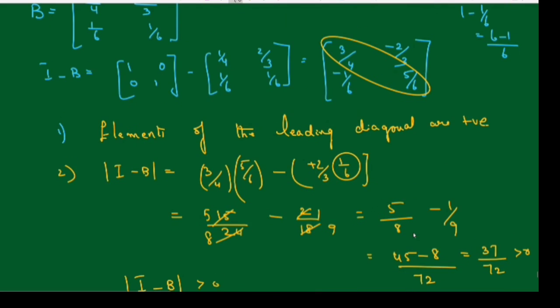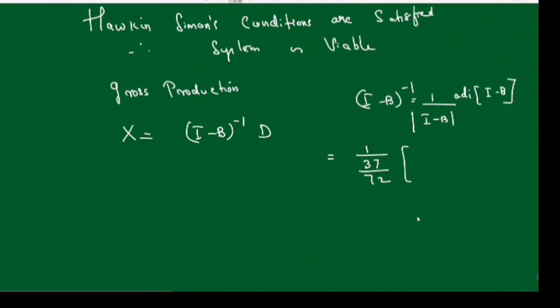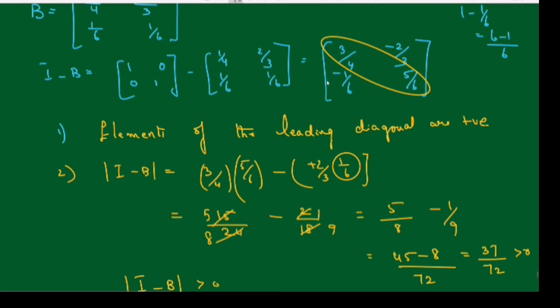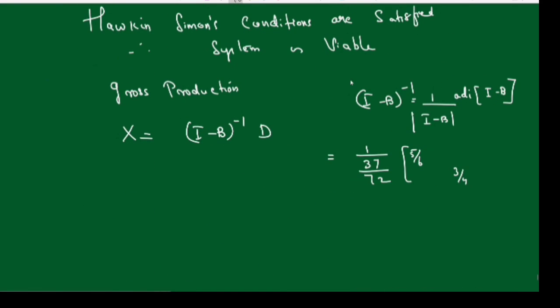So it will become 5 by 6, 3 by 4. Interchange, so it will become 5 by 6 here and here 3 by 4. And you change the sign of these two, so it will become 2 by 3 and 1 by 6. Take the reciprocal here.